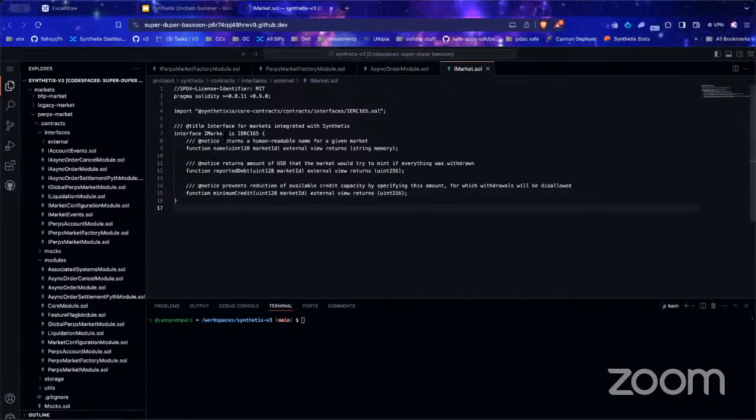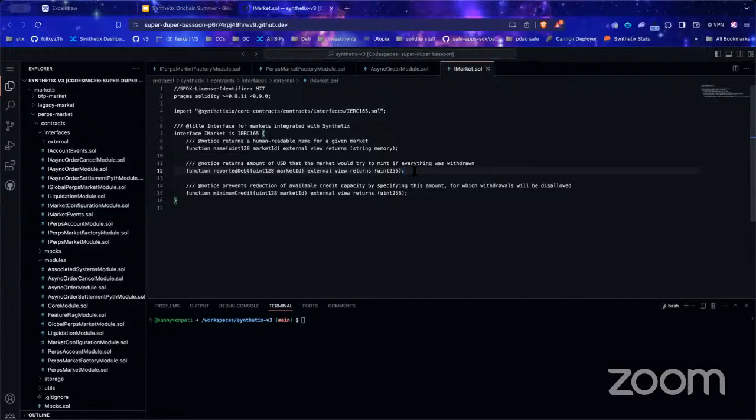These are the three items that you need to implement if you want to be a market on the Synthetix core system. You need to provide a name, the reported debt, and the minimum credit. The reported debt matters because, if you think about sports betting or insurance markets or even our perps product, there are losses being incurred that haven't been finalized yet.